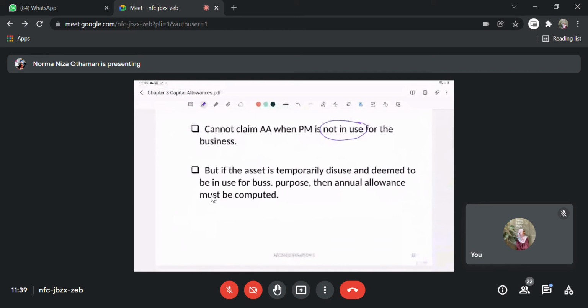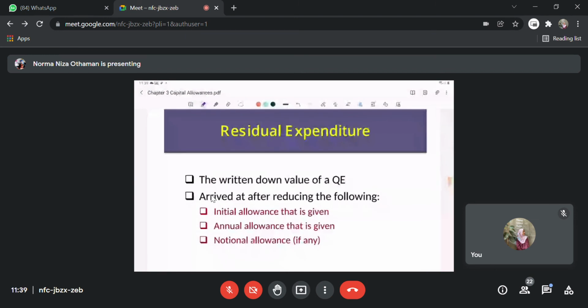Okay, residual expenditure. I believe this is the first time you all are coming across these terms, right? Qualifying expenditure, capital allowances, initial allowance, notional allowance, annual allowance, and now residual expenditure. Residual expenditure is the carrying value.